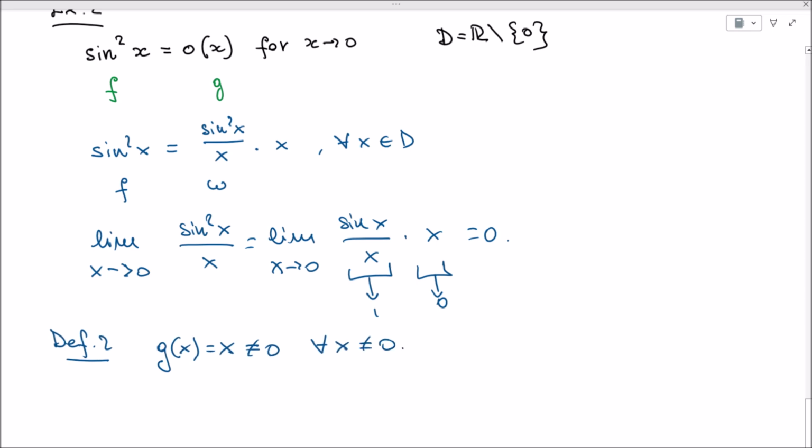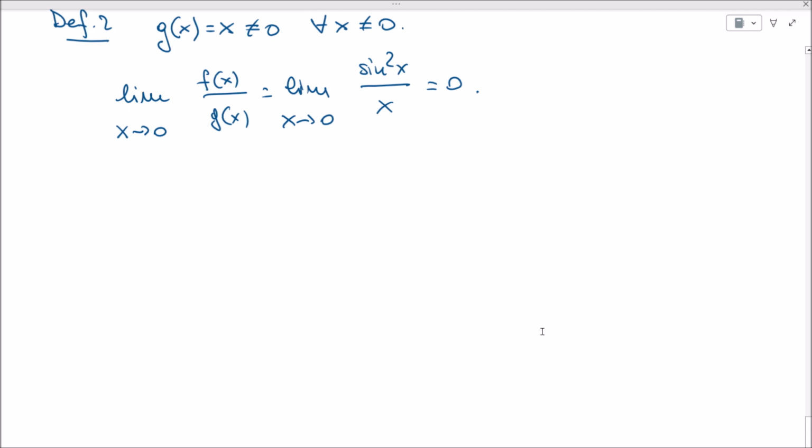So we can just say that to verify the first statement, we need to prove that the limit as x goes to 0 of f of x divided by g of x, which in this case is the limit as x goes to 0 of sine square of x divided by x, but we just proved that this limit is 0, and this would be sufficient to prove the statement. Okay?